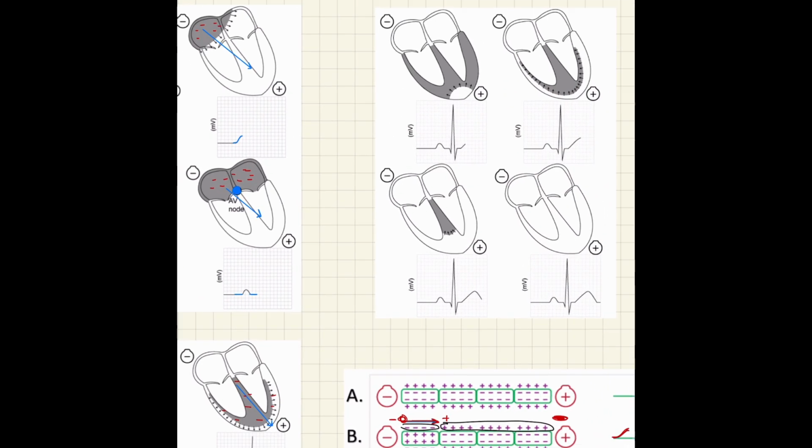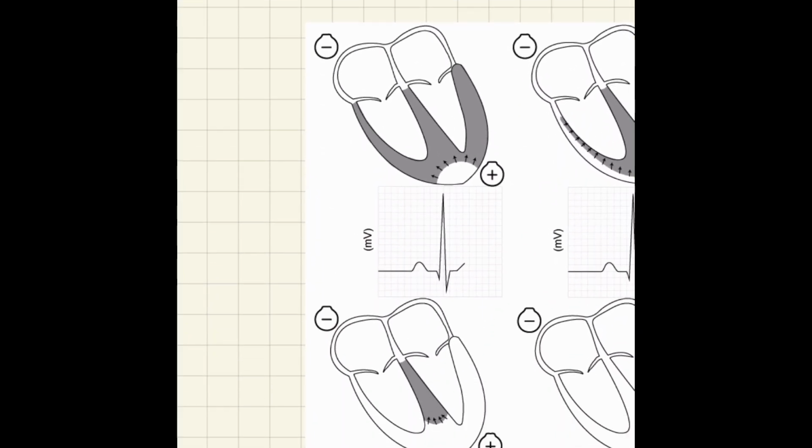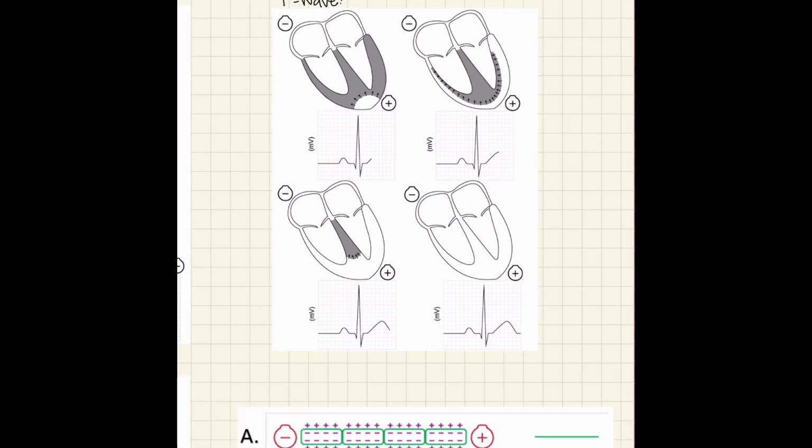Then, to make the T wave, that's going to be the repolarization of the ventricles. In the T wave, we actually start repolarizing with the epicardium and end repolarization with the endocardium.